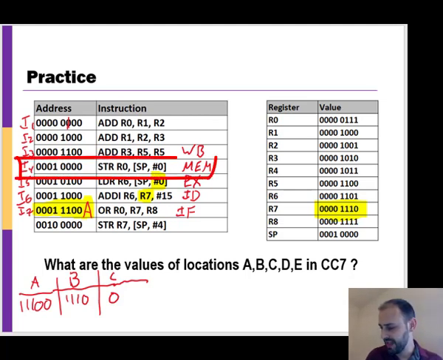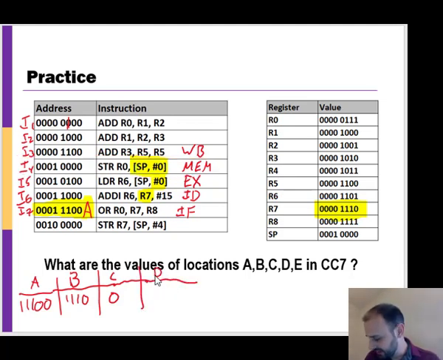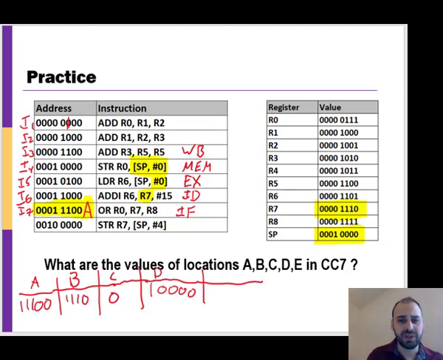Because the offset is still 0, it's really just whatever the base address was. So in this case, it's the stack pointer. We've got that value defined here, so that is going to be our value of 1 followed by 4 zeros.